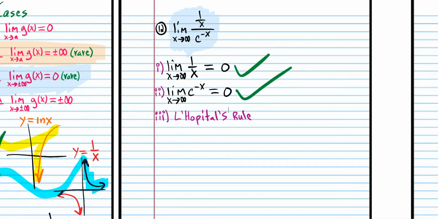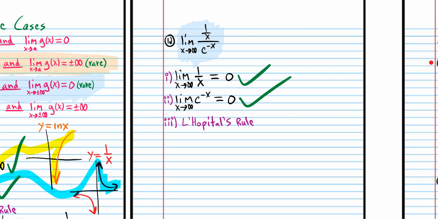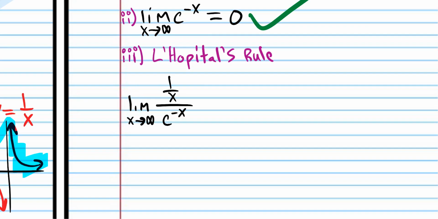But we can use L'Hopital's rule. So I'm going to copy that information and bring it down. And we'll see what we can do. So again, we're going to use L'Hopital's rule.